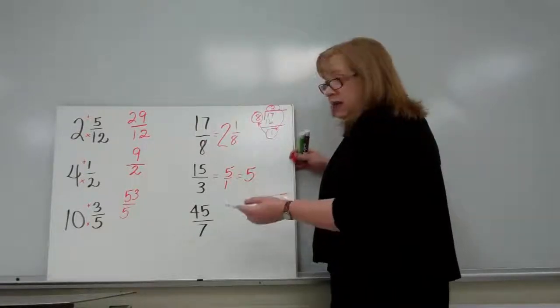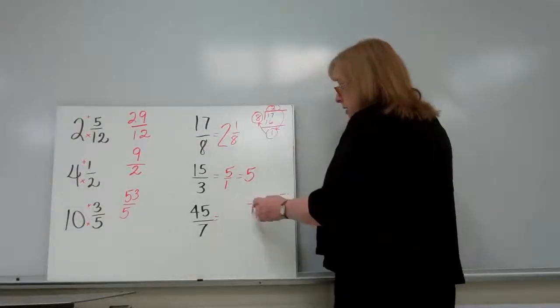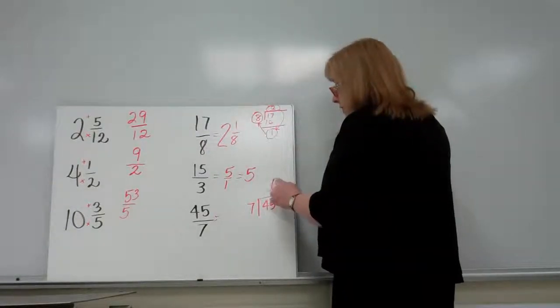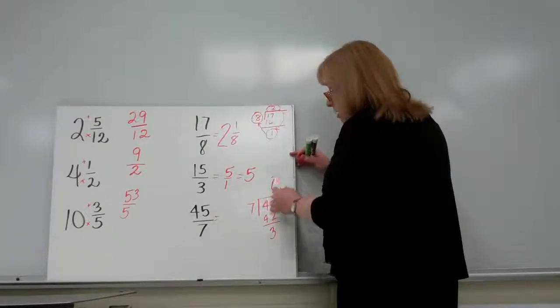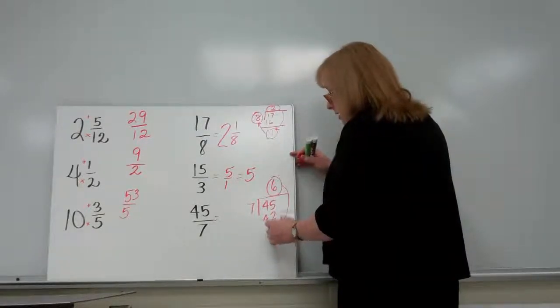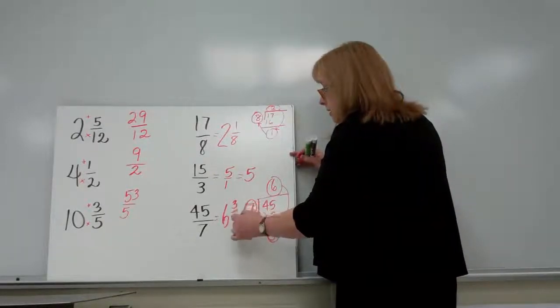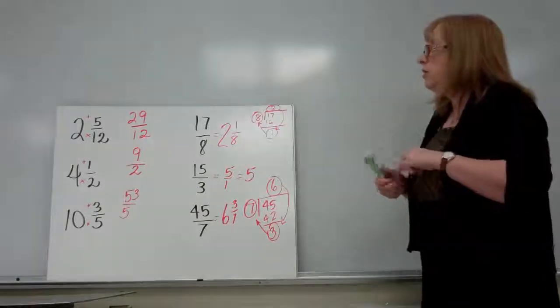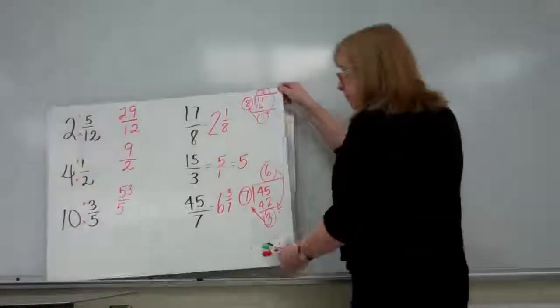Now we're not making it into a decimal, we're just making it into a mixed number. 7 goes into 45 6 times for 42. 3 remainders, so I have 6 and 3 sevenths. So that's how to change mixed numbers to improper fractions and improper fractions back into mixed numbers.